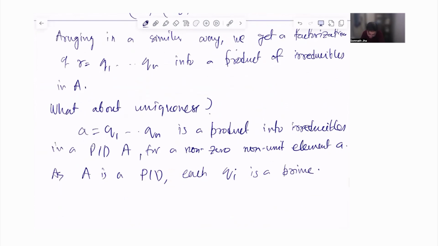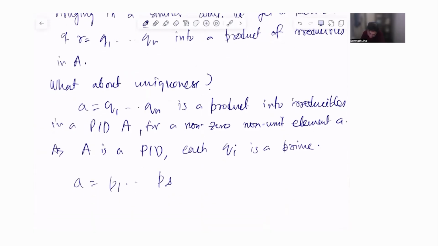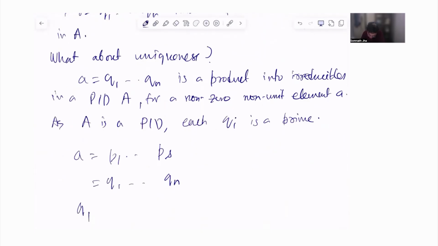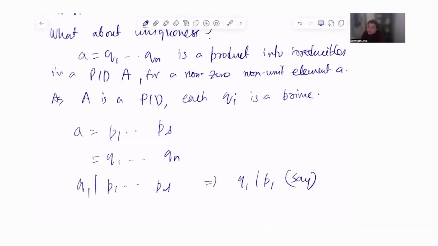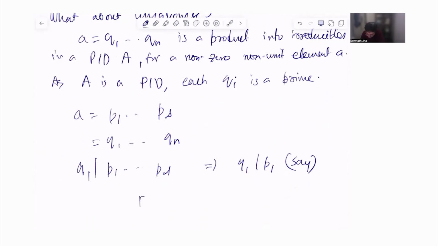And so if you have a equal to P1 through Ps and equal to Q1 through Qn, then Q1 divides P1 through Ps. So this implies Q1 divides, let's say, P1 for simplicity. But Q1 generates a maximal ideal.